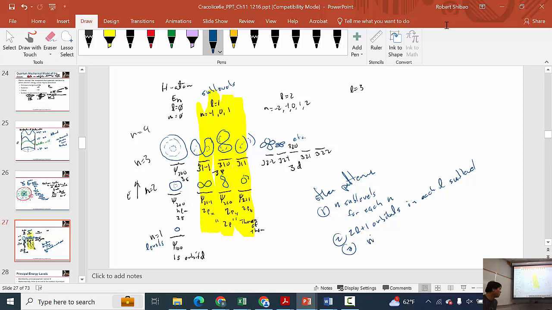There are n squared orbitals in each n. So for example, n equals 4, how many orbitals am I going to draw? 16. If I'm at n equals 10, how many orbitals? 100. Are they easy to figure out? Yeah, they're easy to figure out because they all fit this pattern.